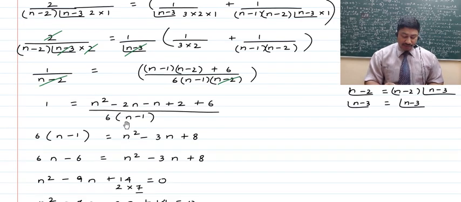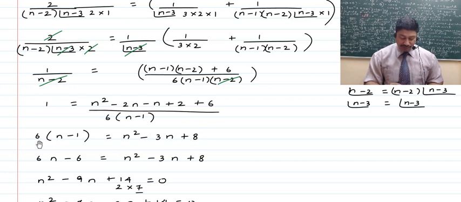So here further we will cross multiply the 6 times n minus 1 to the left hand side, and then we will get 6 times n minus 1 to be becoming equal to n square, right, minus 2n minus n plus 2, right, plus 6. So for the children, what will happen is we will get this to be minus 3n, right, and 6 plus 2 will become equal to 8.